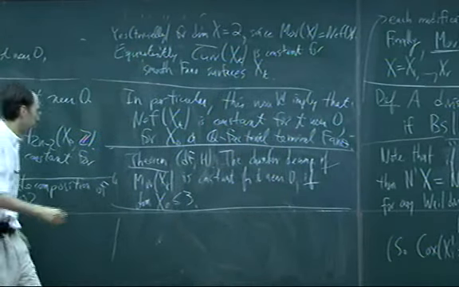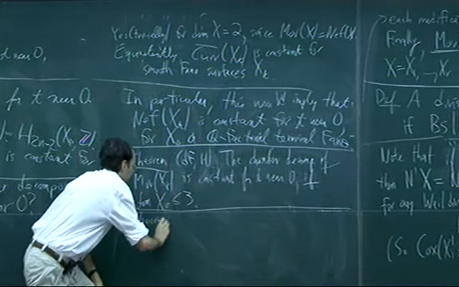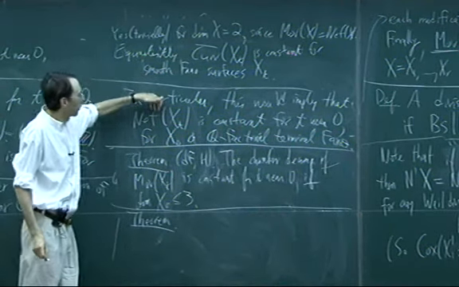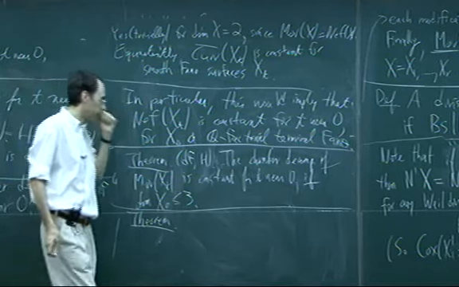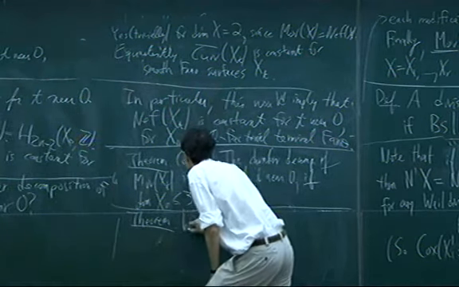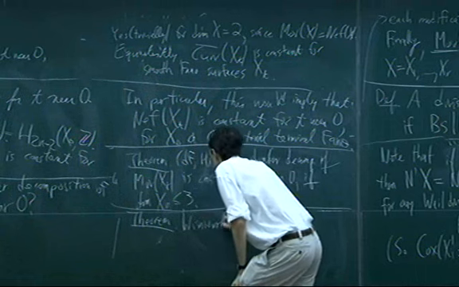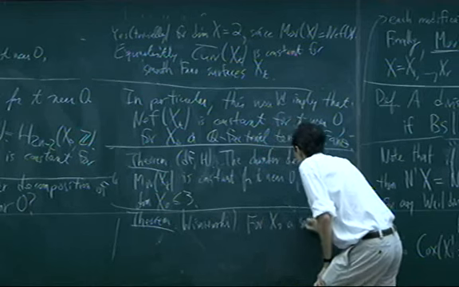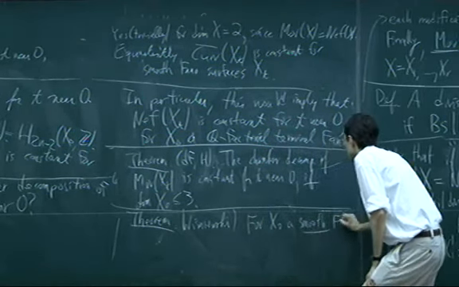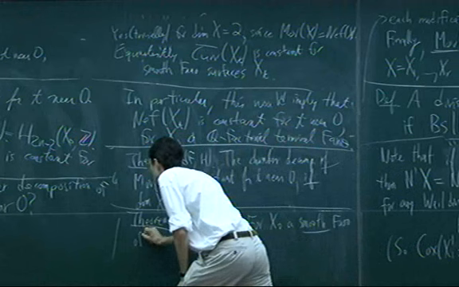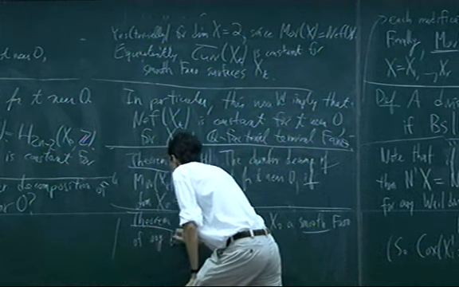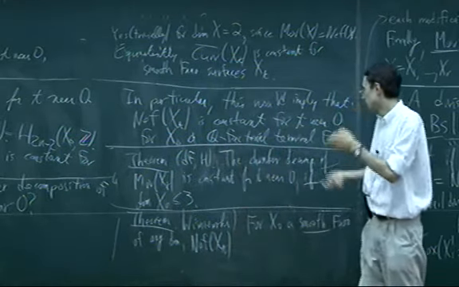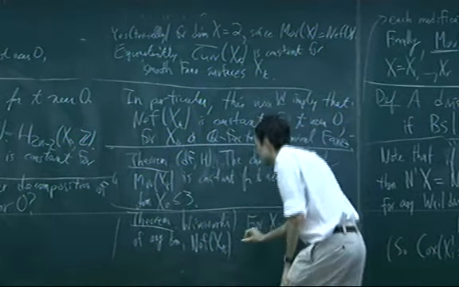The other major piece of evidence for this was that by Wisniewski we know that the Nef cone is constant for smooth Fano varieties of any dimension. So for X naught a smooth Fano of any dimension, if you deform a smooth Fano variety a little bit, the Nef cone doesn't change.